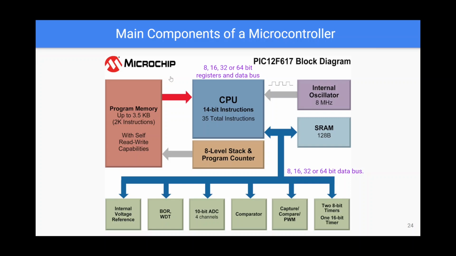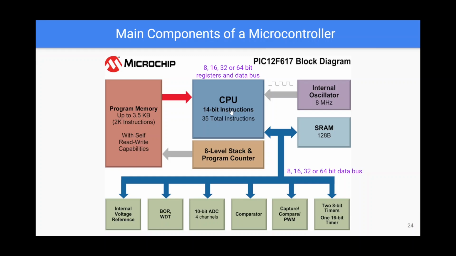When we say that the CPU is 8, 16, 32, or 64-bit, what it means is that the registers inside the CPU are of that size, and the data bus which the CPU can connect with is 8, 16, 32, or 64-bit.